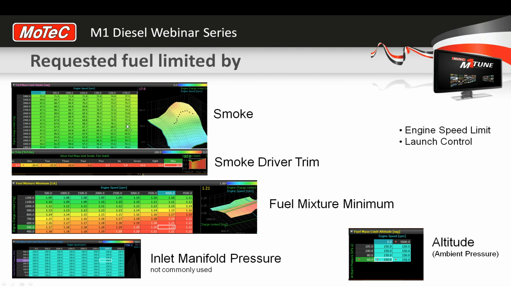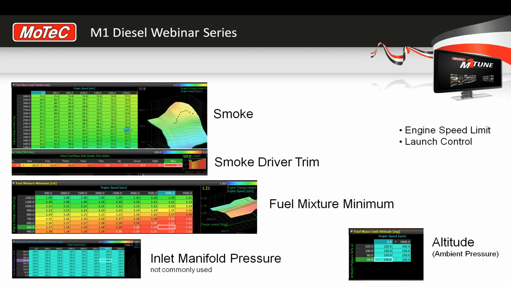But if I was at this intersection point, which is 1750 revs and 2100 milligrams of air, I would only get 68 milligrams, or this table would output 68 milligrams. Despite the fact that we're asking for 105 milligrams, this table will limit us to 68.